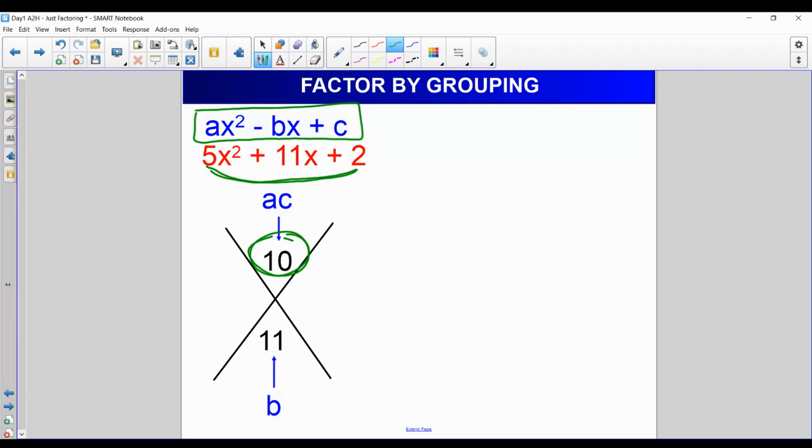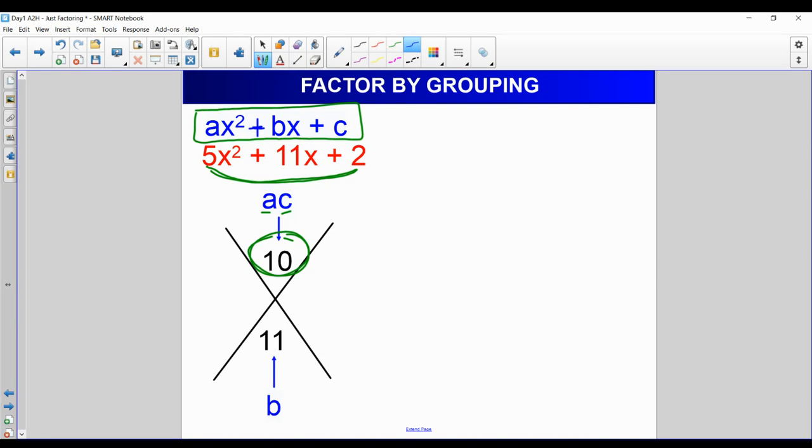So 5 times 2 gives us 10. That's the a value times the c value. And then on the bottom part of our x, we put the b value. Okay, and I'm not sure why I put minus here. Let's make that a plus.